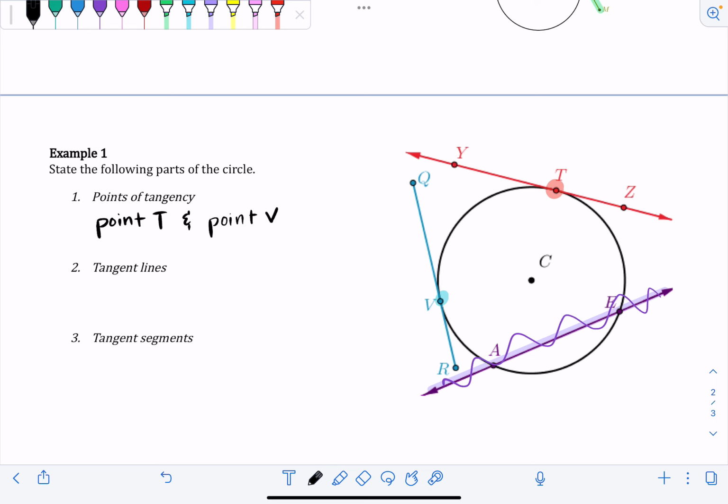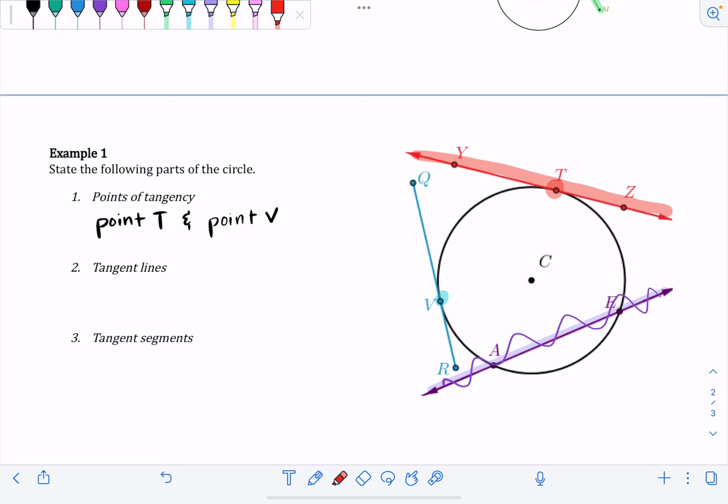Okay, so now the tangent lines. It's asking what lines specifically are tangent to the circle, not necessarily line segments. So I'm ignoring the purple one, and looking at just the blue and just the red. The blue is not a line because it doesn't have arrows on each end of it.